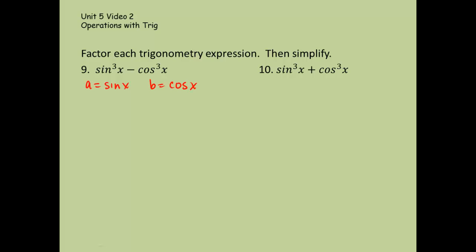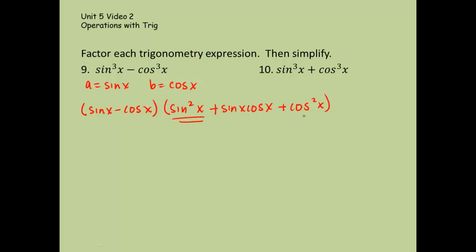So using the formula I had on my previous page, and hopefully you copied it into your notebook, I'm going to have sine of x minus the cosine of x times sine squared of x plus sine of x cosine of x plus cosine squared of x.